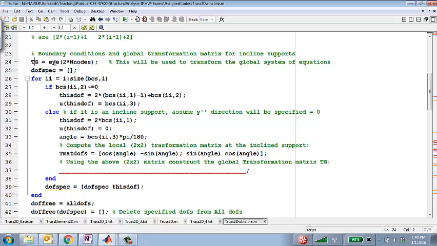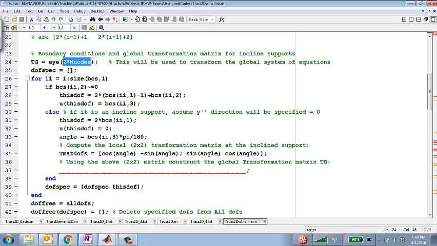Anybody know what this command I does? In Matlab, go ahead. Makes an identity matrix of the size of 2 times the number of nodes. Why 2 times the number of nodes? That's the 2D problem, and each node has 2 degrees of freedom. So the total size of my global system is always 2 times number of nodes for 2D problems.